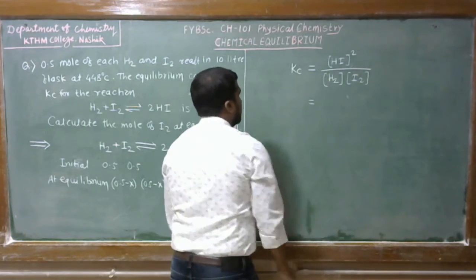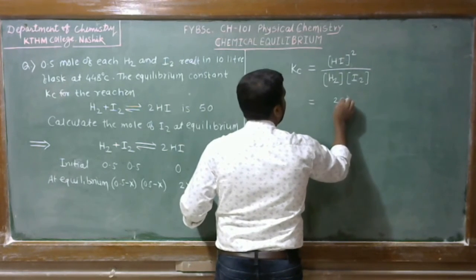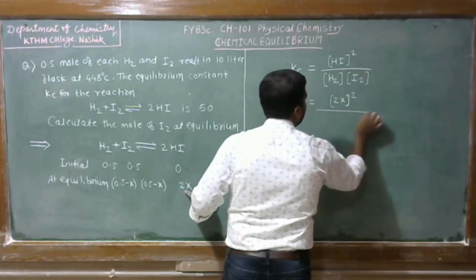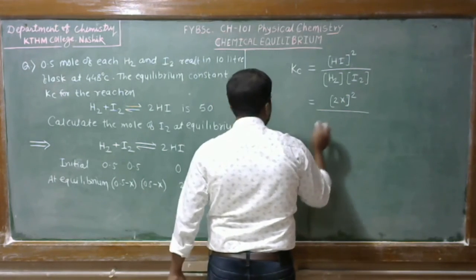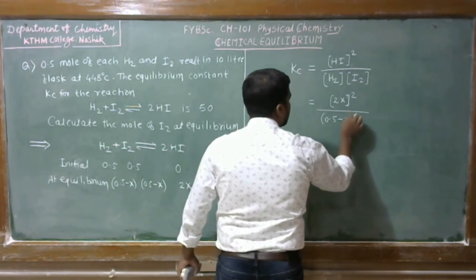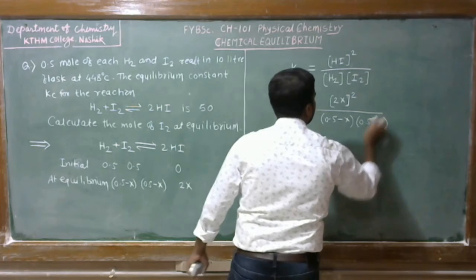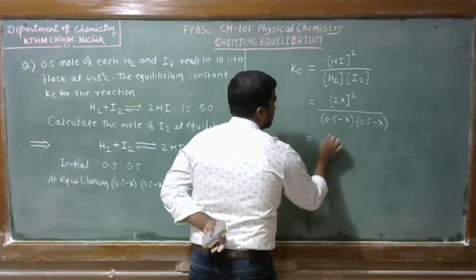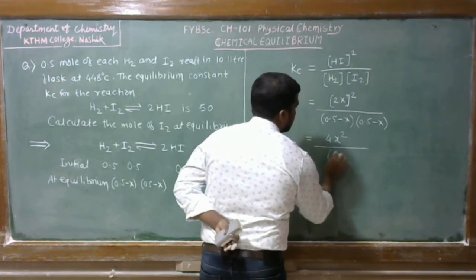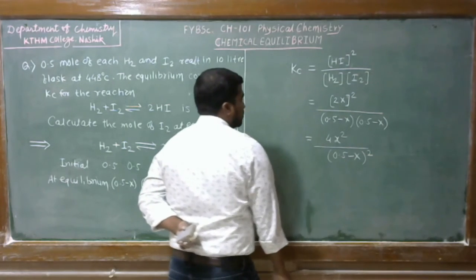So what is the value of HI at equilibrium? 2x whole square divided by H2, 0.5 minus x, into 0.5 minus x. So we can write it like this: 4x square divided by 0.5 minus x whole bracket square.